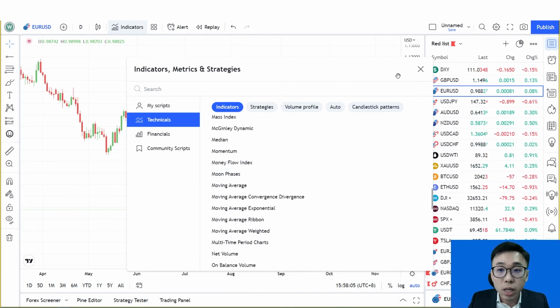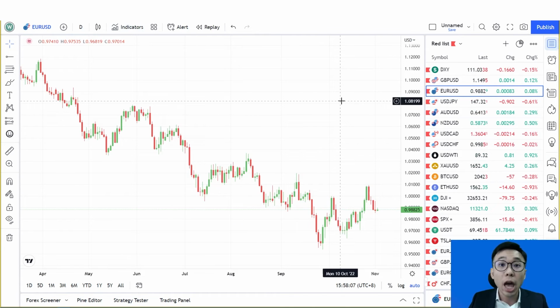What I would say is that an indicator is a tool that helps you to reinforce your confidence in terms of trading. Sometimes certain people will only rely on price action when they analyze or when they are executing a trade. However, some of them might feel that, hey, maybe my analysis might not be correct, or maybe it has flaws in it. So how do I re-emphasize my confidence that my analysis is correct?